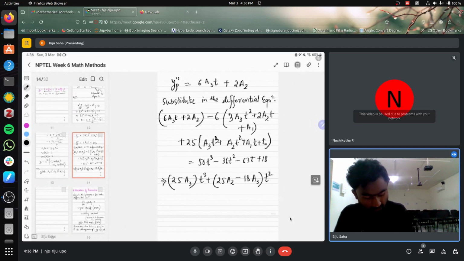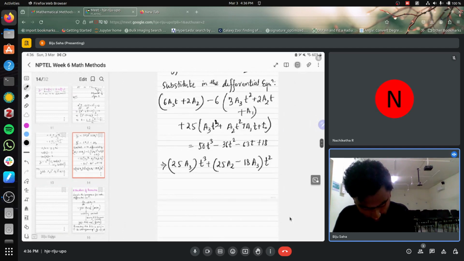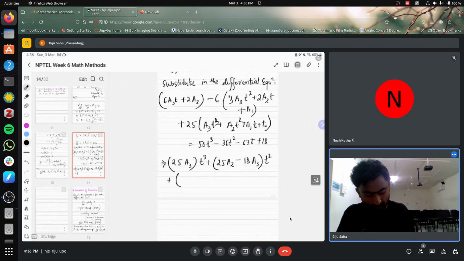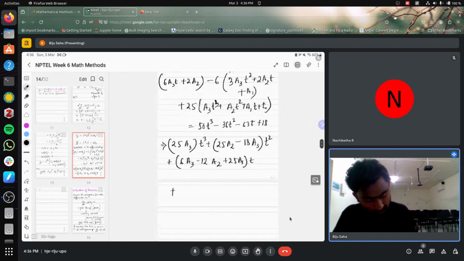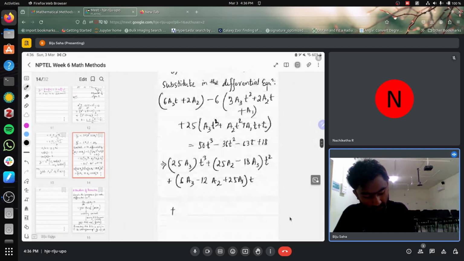That's all with t square, and with t I have 6a3, then I have minus 12a2, then plus 25a1, and the remaining terms are with t0, that is 1.